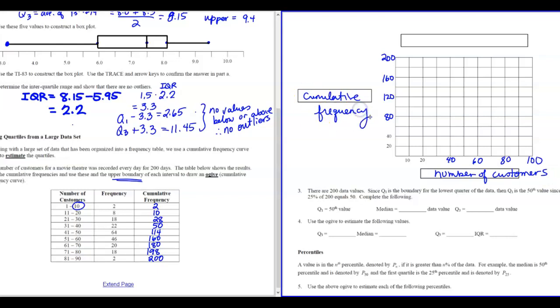Okay, so for graphing, it says we're going to use the upper boundary. So for the first interval at 10, we're going to plot 2. It's pretty close to the bottom there, right? And then at 20, we're going to plot the cumulative, which is 10, so that's halfway. And then at 30, 28 would be about here. At 40, 50 would be halfway.